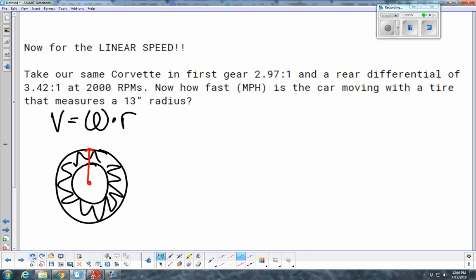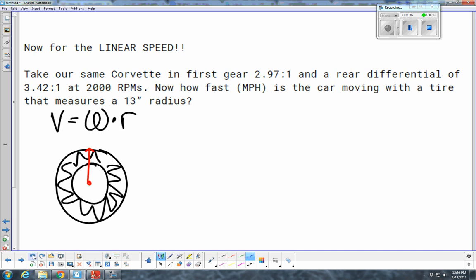Formula. Here we go. We're going to use that same Corvette. We're going to put it in first gear and hold it at a steady 2,000 RPMs. How fast are we going to be able to go? How fast can you go in first gear? 30 miles per hour, 20 miles per hour? Now, this is a Corvette, though, right?